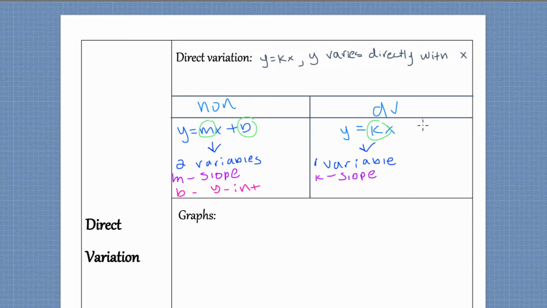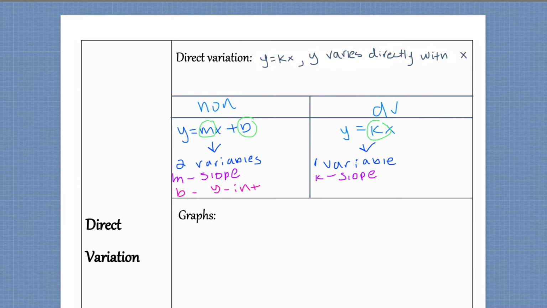And if you notice here, there's no y-intercept, which is why it makes it a direct variation. So in this direct variation equation, the y-intercept would be 0. So that's why it's a direct variation equation. So anytime a linear equation has a y-intercept of 0, it is going to be a direct variation equation.